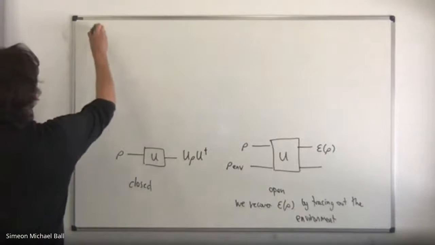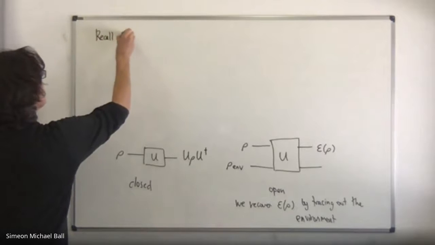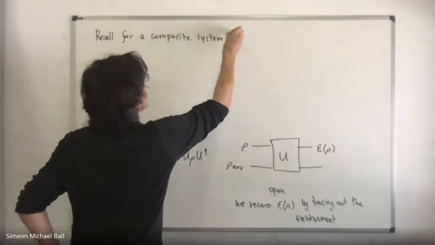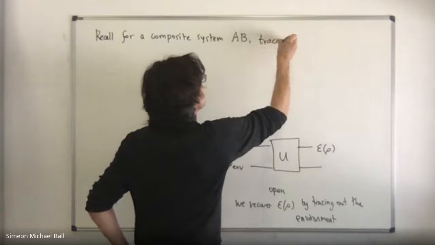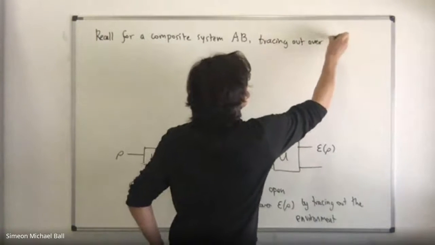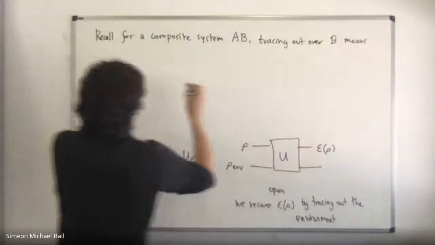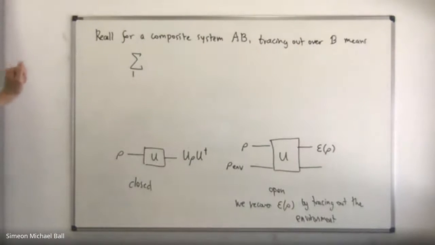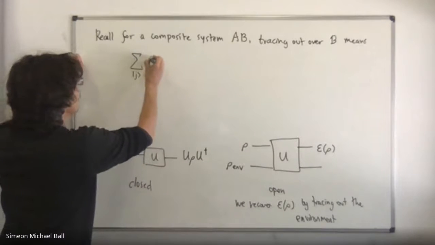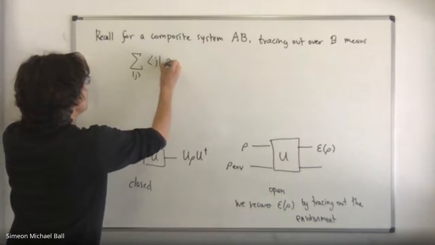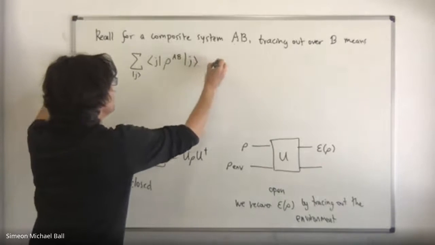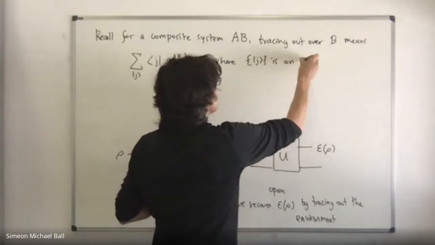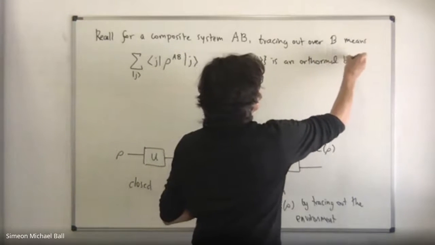So let's just recall, for a composite system A, B, tracing out over B means the sum over j of <j| rho_AB |j>, where this |j> is an orthogonal basis for the B system.